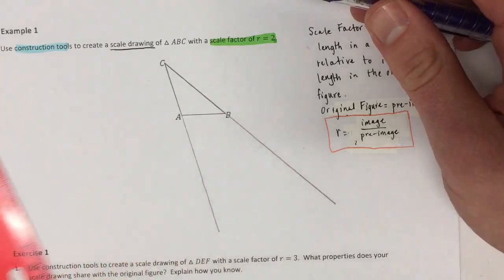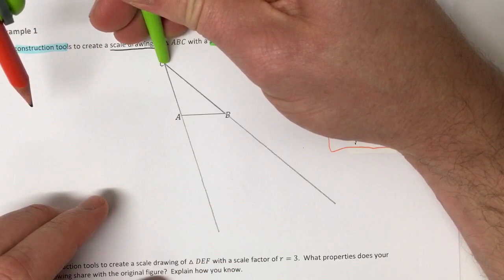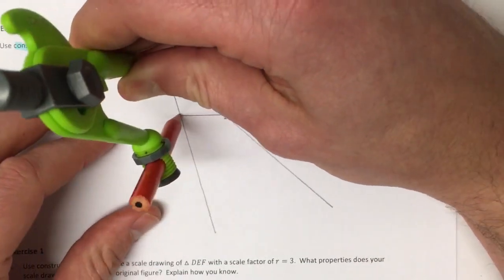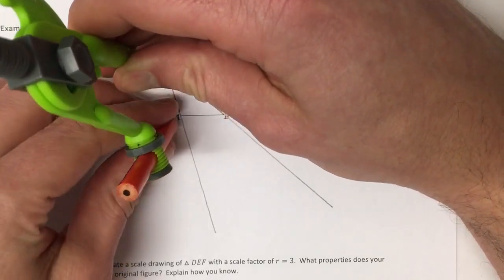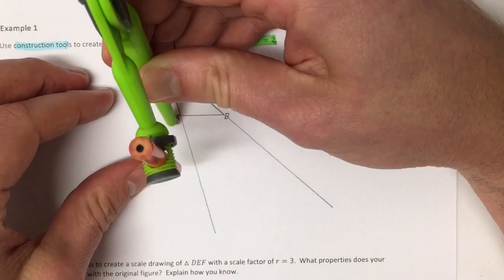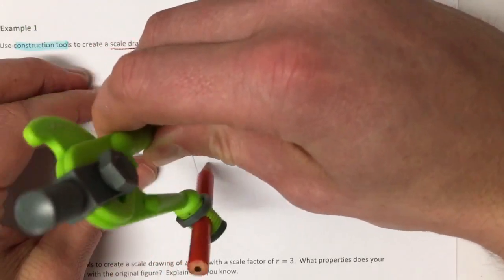I just figured I'd hit the writing, and I didn't want to do that. So I'm working down. And then really basic is if I'm supposed to double this for the scale factor of 2, that's what it's saying is that I have to double it. I just have to mark off two distances that are equal to CA. So here's one, come down, and here's another.